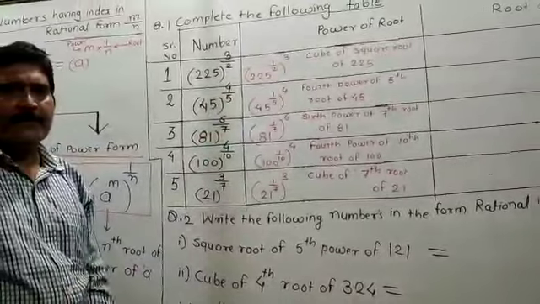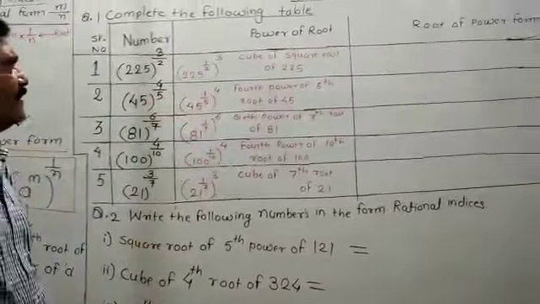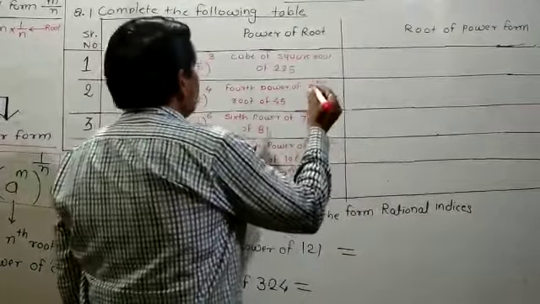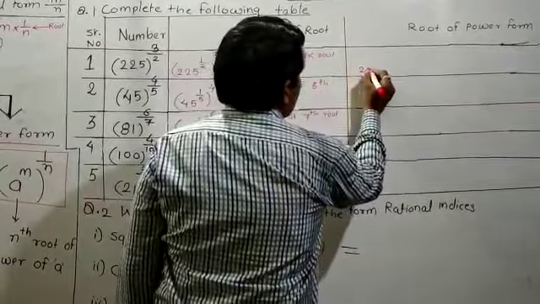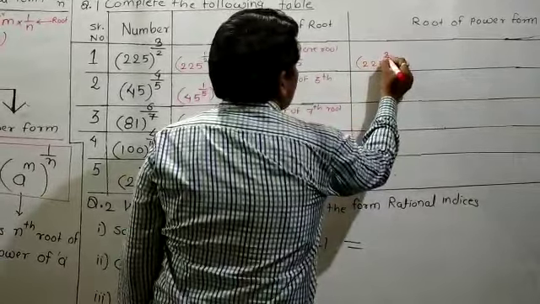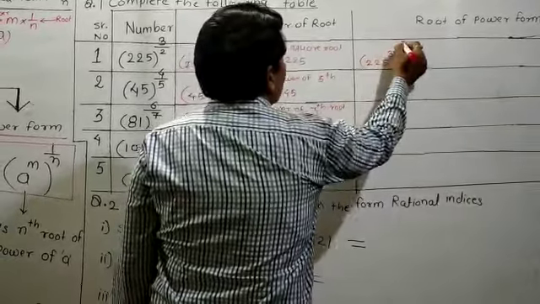Now next type, you have to write the root of power. So root of power means root you have to write outside. So 225. Power you have to write inside, root you have to write outside.